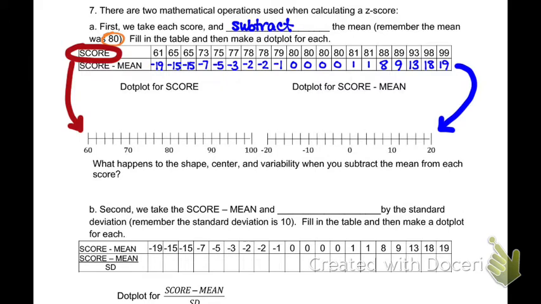Dot plot for score minus mean. So for the score, I need a dot for each of those tests. I need a dot at 61. Dots at 65. Looks like they're counting by twos. I want you guys to go ahead and make those two dot plots, and then we will compare yours to mine.